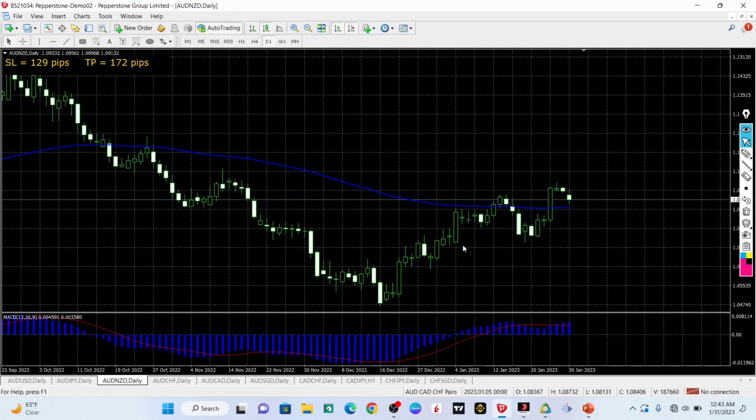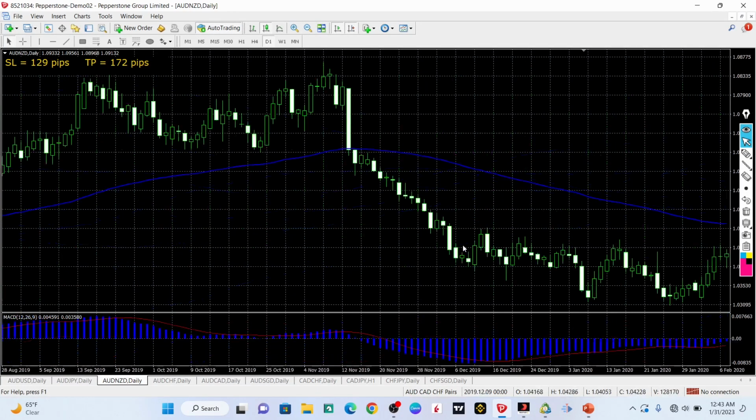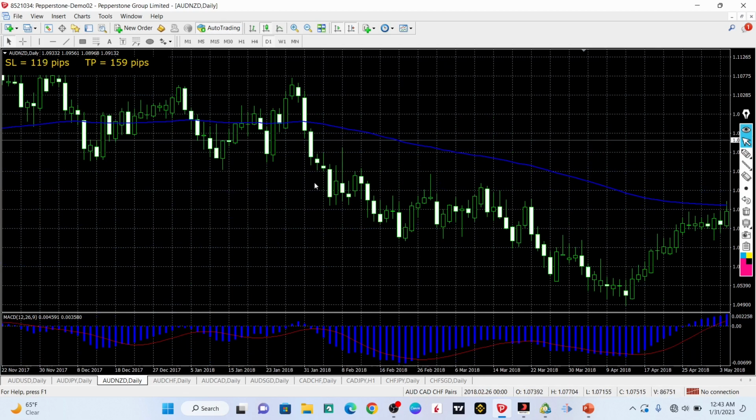Okay. Let's go back into history. So for example, when we look right here, we have some signals. You can see that right here, we had a short signal. The price has closed below the baseline, and even the MACD is saying that we should go short. So if we took this trade, of course, we would have made a loss. That is a clear loss from both the baseline and the primary indicator.